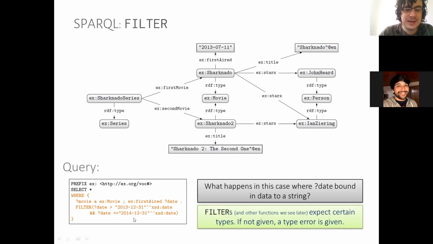If those types aren't satisfied, if we have something that's ill-defined or incompatible, then it throws an error, okay? And if it throws an error, rather than the whole query throwing an error, the filter just filters out that one solution. So essentially, if for a solution we get an error, we just drop that solution and continue to the next one. It acts as if the filter were false, simply. So it just filters the solution.